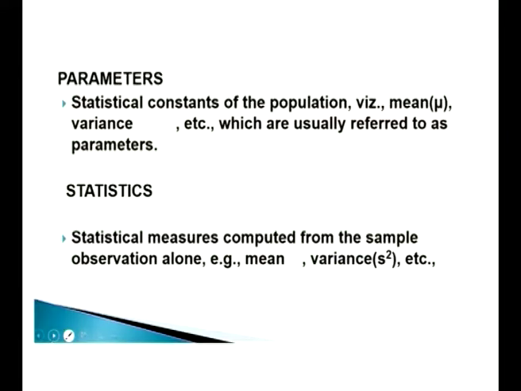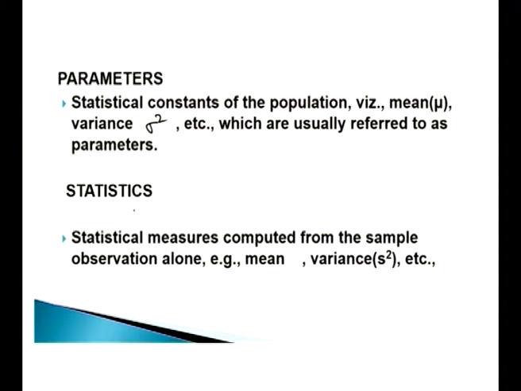The notations with respect to the population will be called parameters, and the notations with respect to the sample will be called statistics. Parameters are statistical constants of the population, viz. mean mu and variance sigma square, which are usually referred to as parameters.